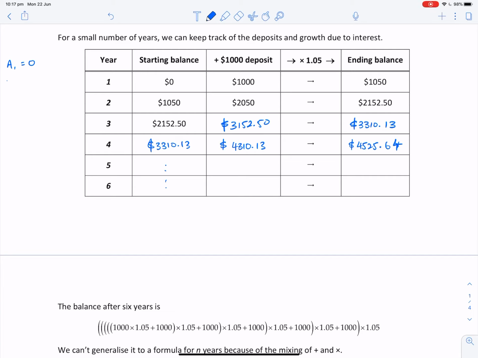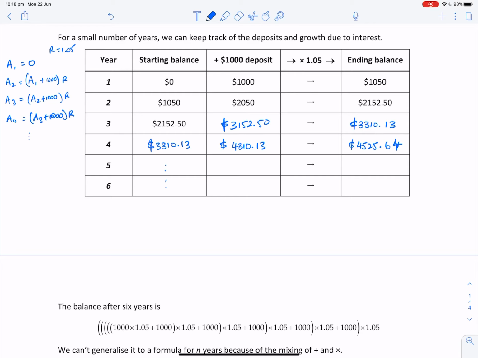And then A2 is A1 plus 1,000, multiplied by R. I'll just say R is 1.05. And A3 is A2 plus 1,000 times R, and A4 is A3 plus 1,000 times R, and so on.